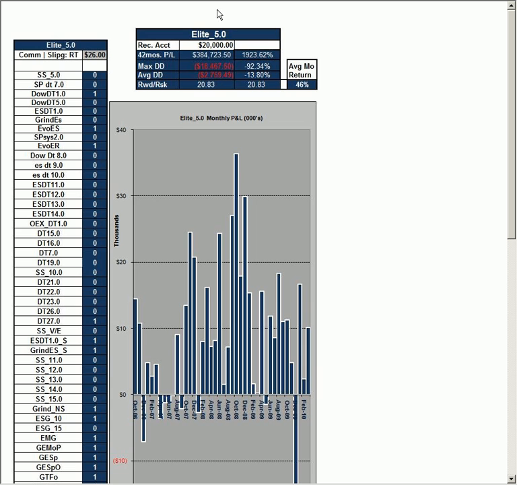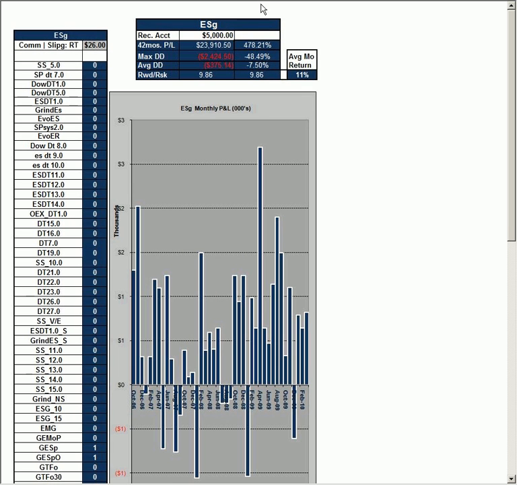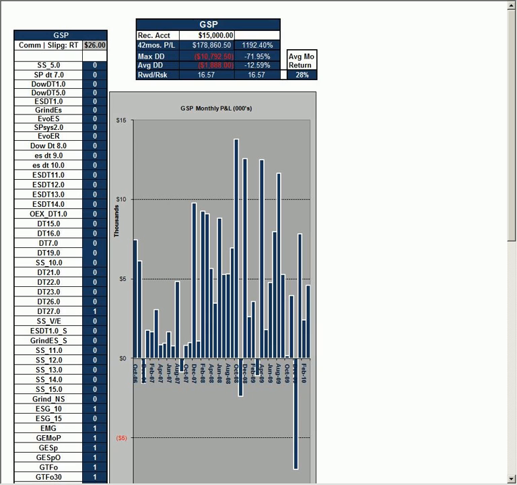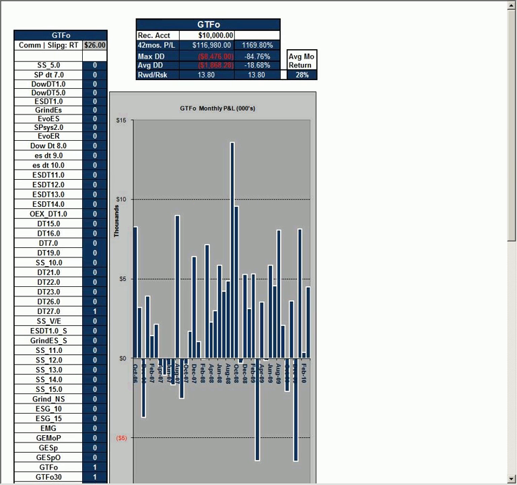As you can see, another 60% return, at least for the GT, probably 20% return on average. There's the ESG, 11% return a month. 48% is the max drawdown, 500% return. A bit more conservative portfolio for the $5,000 account. And there's the GSP, up 28% a month on average, 1,200% versus a drawdown of 72% on a $15,000 account. You can actually see all these portfolios.